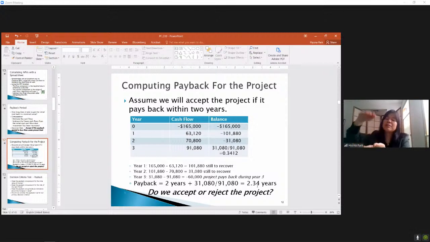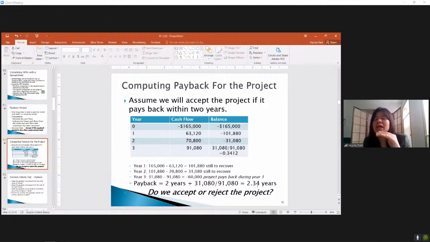When companies make very important and large investment decisions, they need to do NPV. But for small, day-to-day decisions like replacing light bulbs or equipment, they don't have time to do all those complicated analyses. They just apply a simple rule. It can be 2 years, it can be 3 years, depending on what kind of capital budgeting decision it is.